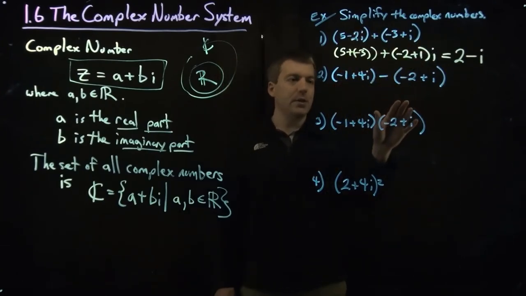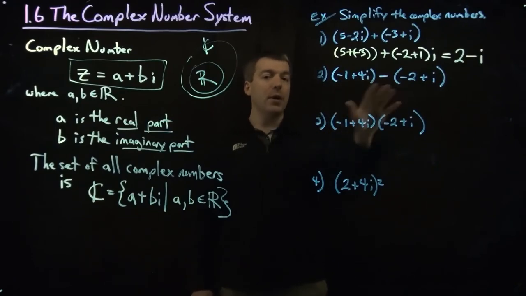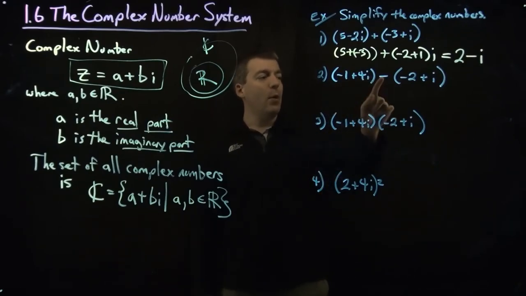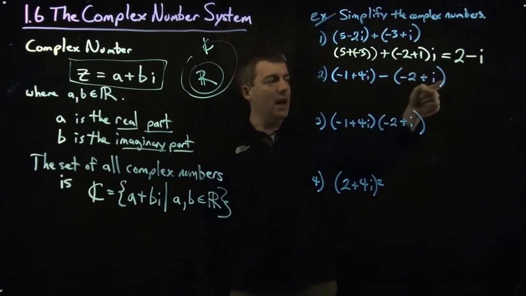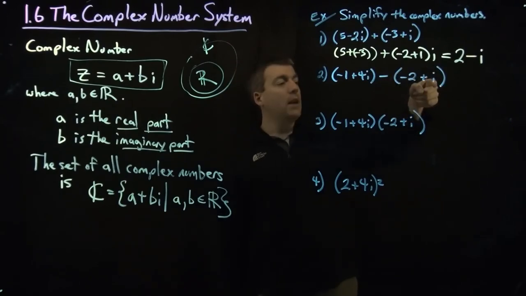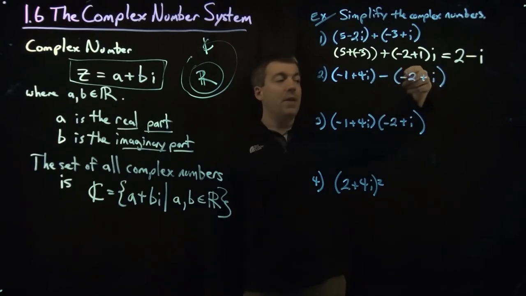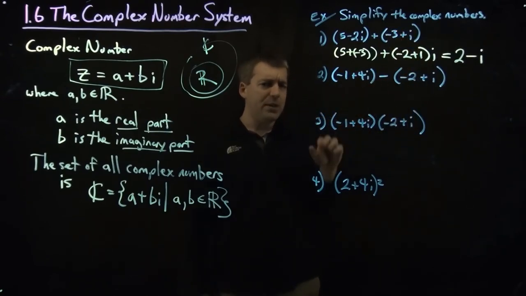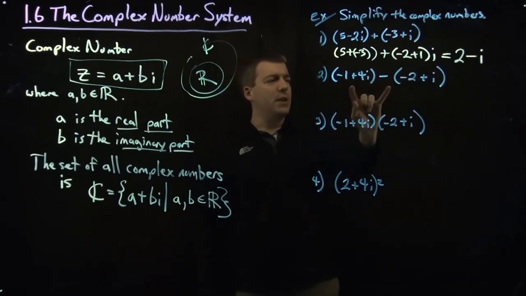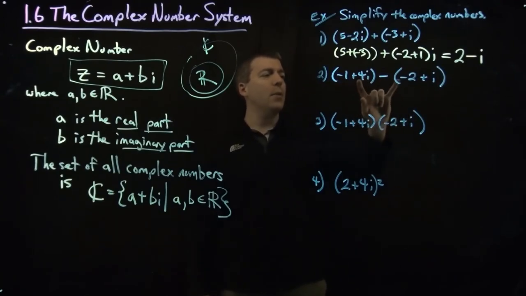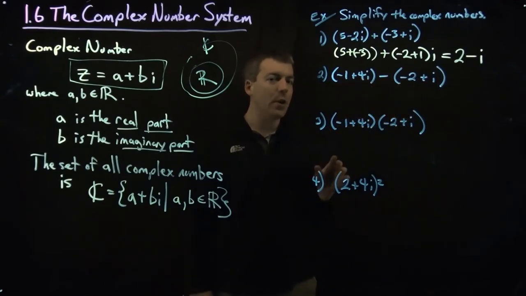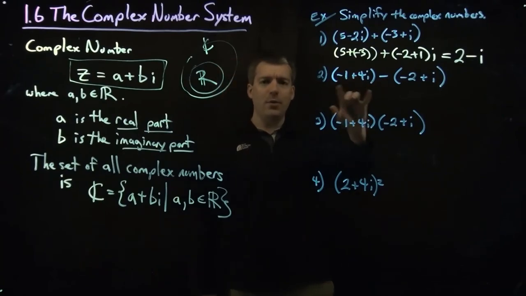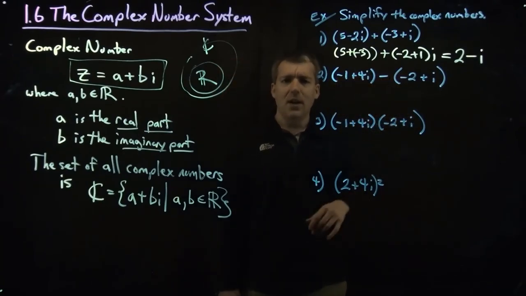Let's look at subtraction. For subtraction, again, we want to identify the real parts and the imaginary parts. But what we can do is treat this like a binomial and distribute the negative. Then it turns into an addition. I think that's the best way to handle it. Otherwise, we'd be subtracting the real parts and subtracting the imaginary parts, which does work, except we may have a bunch of negative signs floating around.